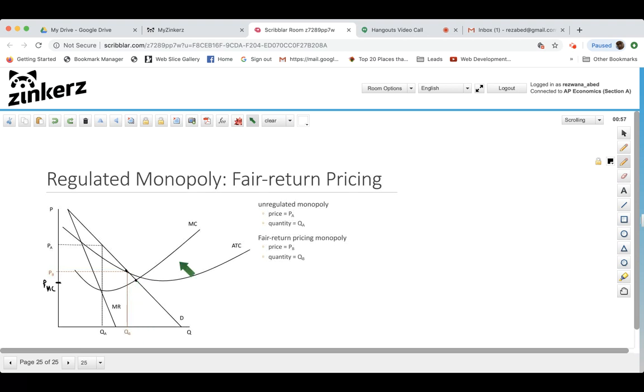So this would be the quantity for marginal cost pricing, which is less than the fair return pricing quantity, and this price is also lower. This is why with marginal cost pricing the price is lower than the average total cost, so they have losses here, but not with the fair return price. There is no loss, but of course, they're making zero economic profit.